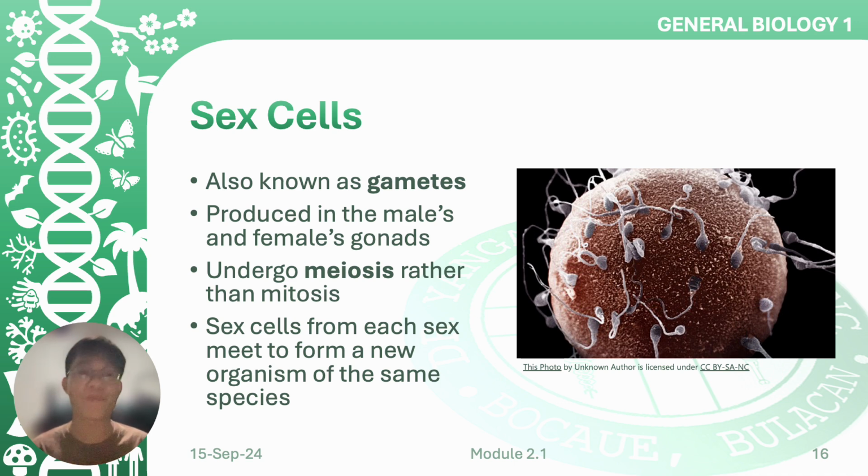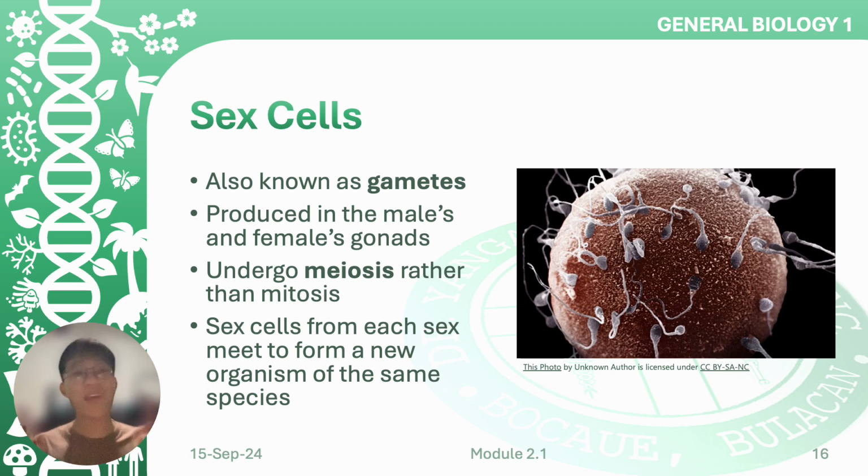At the same time, they have a tail, which we call a flagellum, which allows the sperm to move towards the egg. However, the egg, on the other hand, is larger than the sperm cell, and at the same time, it is immotile. That means it cannot move on its own. So it just waits there persistently for a sperm cell to arrive.